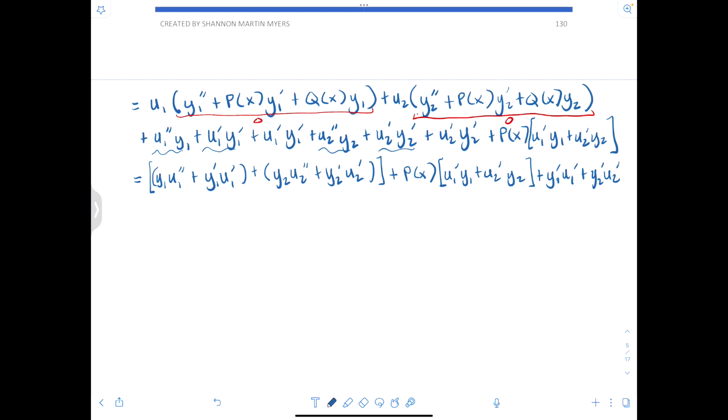Okay, so this now ends up being the derivative with respect to x of, if you look at the two parentheses above it, y1 u1 prime for the first parentheses. The second parentheses, which is still being differentiated, would be y2 u2 prime.